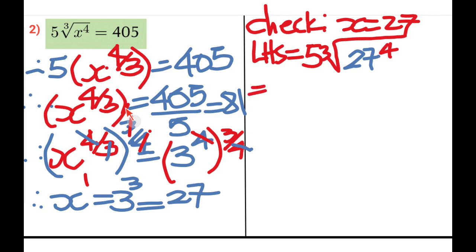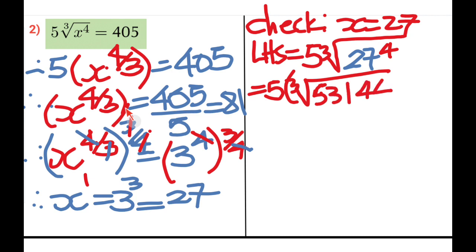That is equals to 5 in brackets, the cube root of 27 to the power of 4. That gives you 531,441.